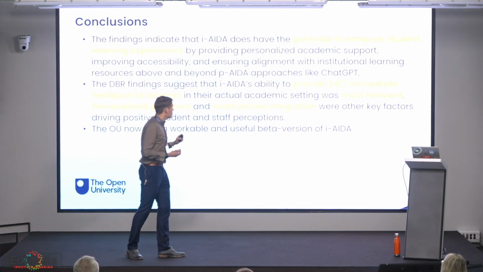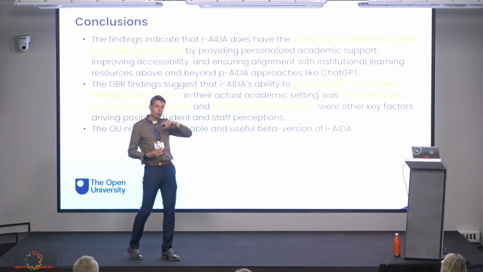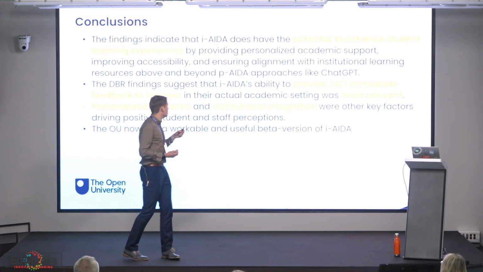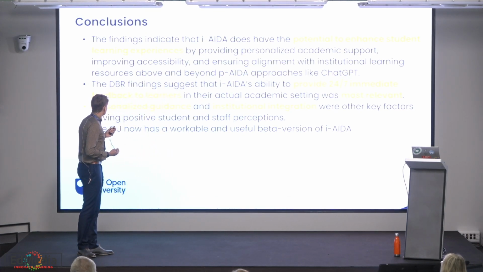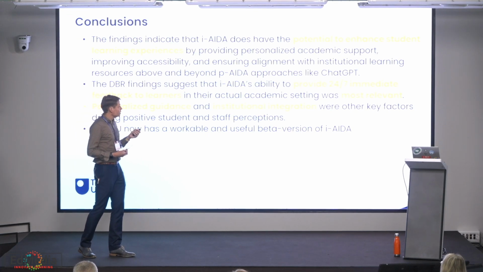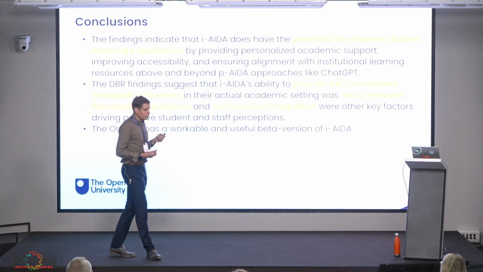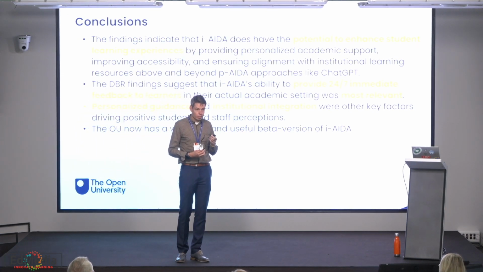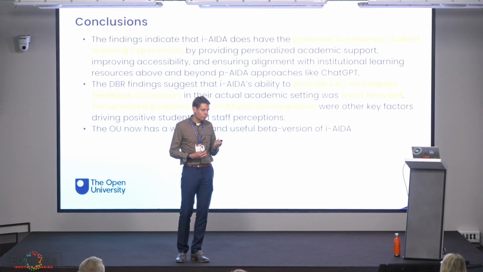I'm mindful of time, so I'm whizzing through the conclusions, and I can go back later with more details. What I think our one year of study seems to show is that yes, we can build this system. And yes, we can provide this kind of 24/7 immediate feedback. We can provide personal guidance.